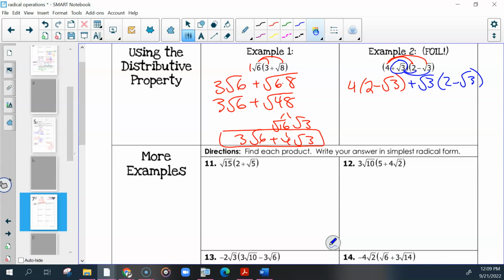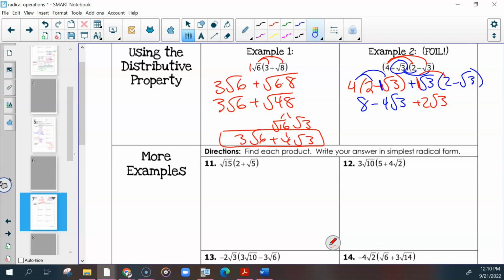Then you would take whatever's outside, multiply it to everything inside. So this would give us 8 minus, I'm just multiplying what's outside here since this is not a radical, so 4 times 1. And then here, same thing, I'm multiplying what's on the outside to 2 since this is not a radical, so 1 times 2.